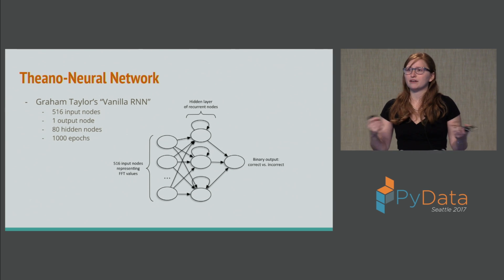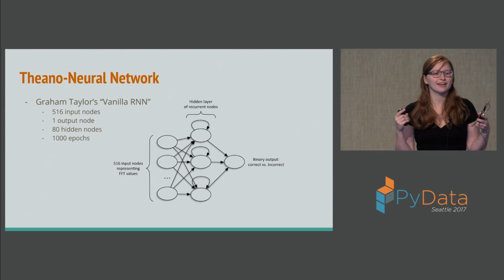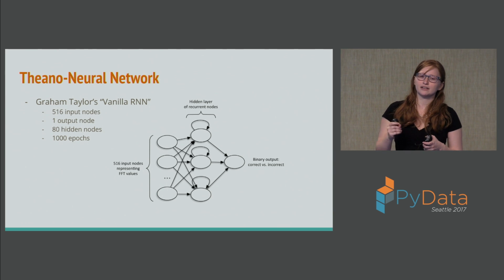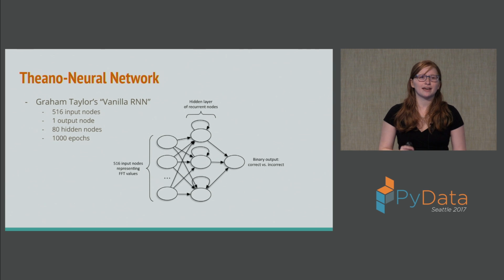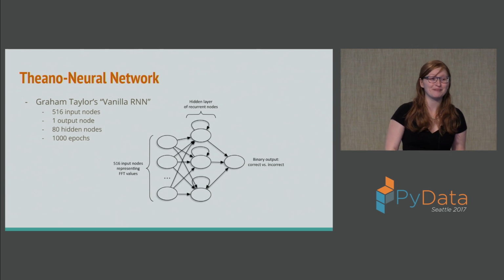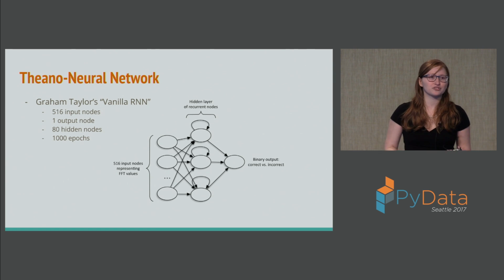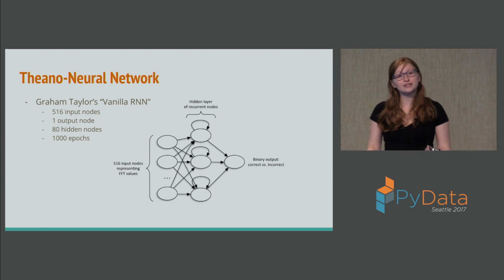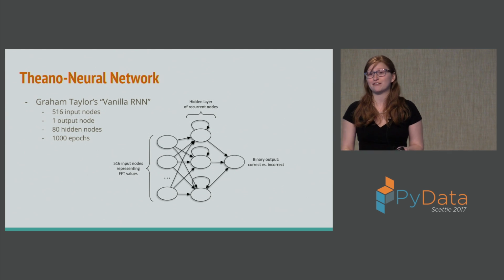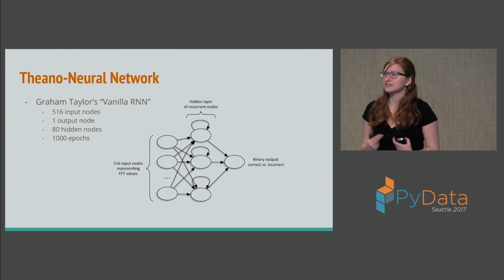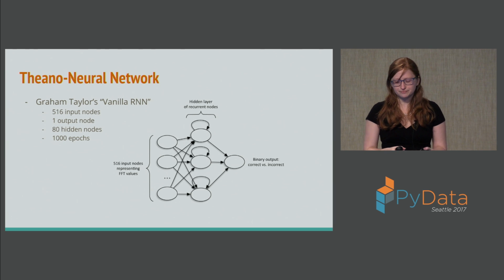So that gave me the 516 input nodes. And I had an 80 hidden nodes layer with the 1 output layer and 1,000 epochs. Now, this is a lot of epochs. And that was one thing we kept monitoring: is it overtraining itself? And it wasn't until it hit around 1,500. So we decided 1,000 epochs gave us some of the best output.